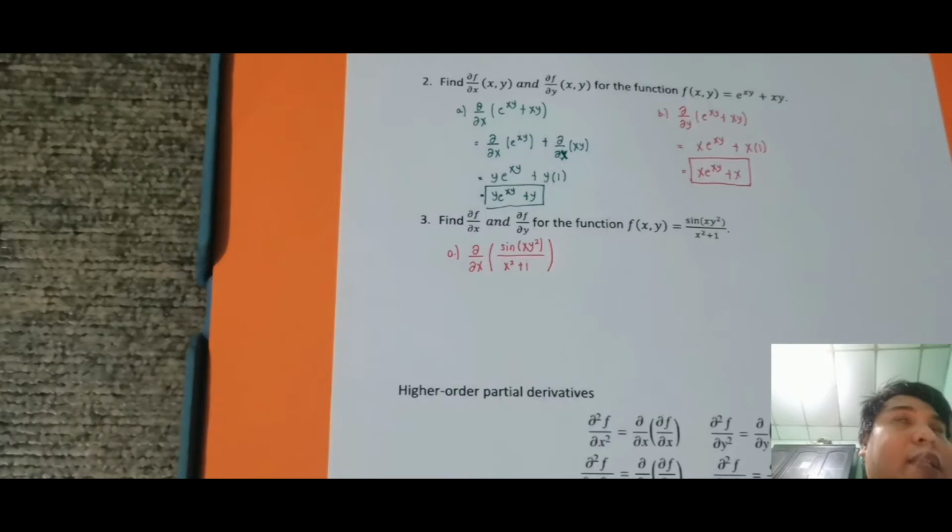So typically, since quotient siya or ratio siya ng dalawang function, ideally, this is just a quotient rule. In such a case na si y squared is just a constant. Okay, so again, this is quotient rule.